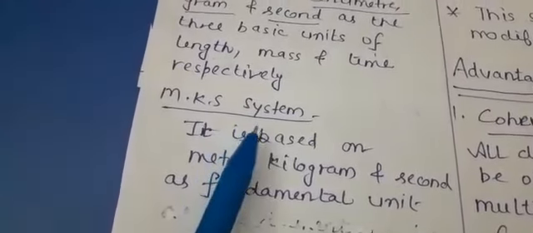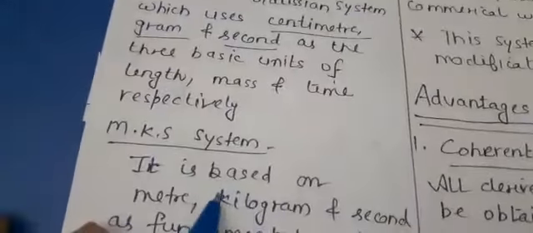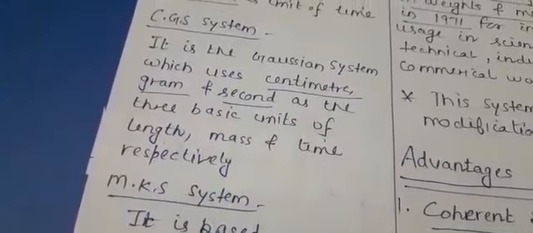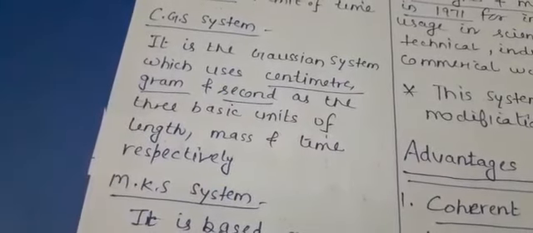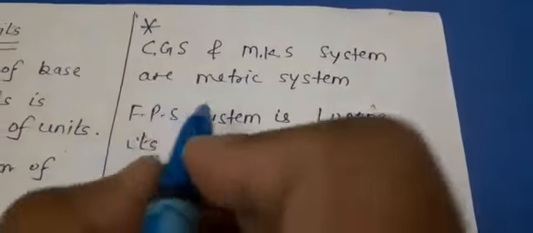Here we can easily convert from MKS to CGS. Why are these two, MKS and CGS, preferable? Because of interconversion in factors of 10. So the CGS and MKS systems are taken as the metric system.